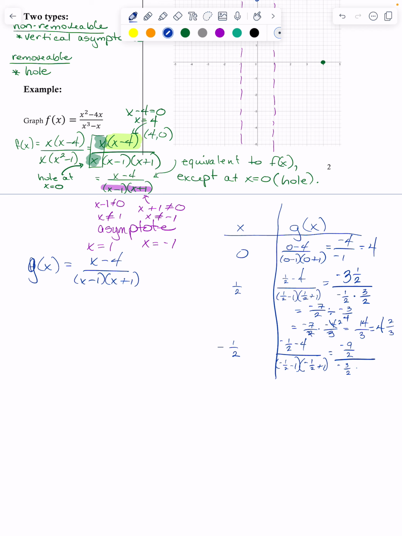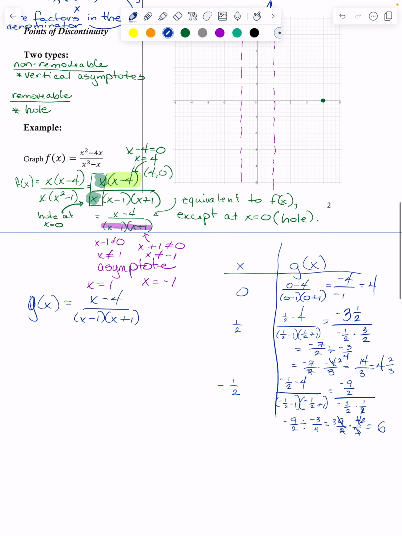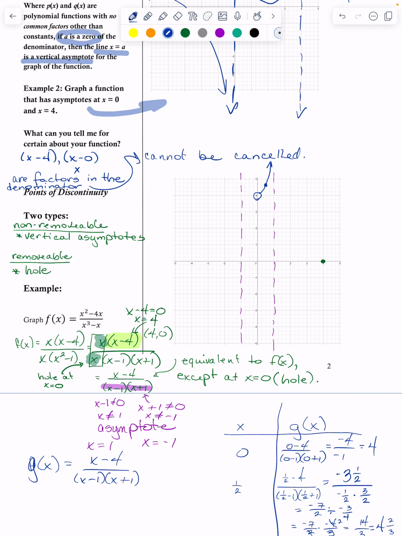Negative 1/2 plus 1 is positive 1/2. Negative 9/2 divided by negative 3/4. And I'm going to drop the negatives now. I know my answer is going to end up being positive, 3 times 2, we get 6. Negative 1/2.